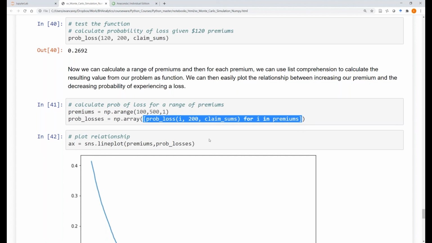But instead, you can just say, for i in premiums, evaluate this function and return a list. Then I turn it into a NumPy array so we can use it in our NumPy language. So in one line of code, I've generated that for loop, applied the function, and got back my probability of losses. And I have my premiums.